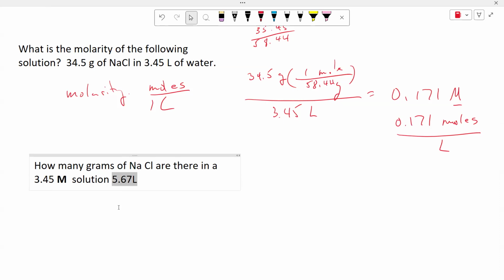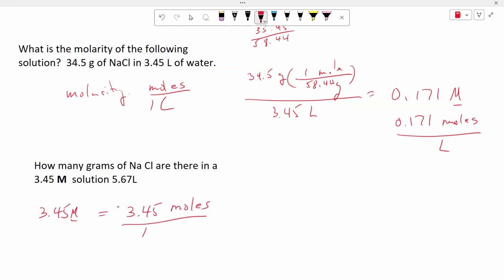So we can rewrite this statement like that, right? Because capital M is moles per liter. And we have 5.67. So where do we want to go with this?